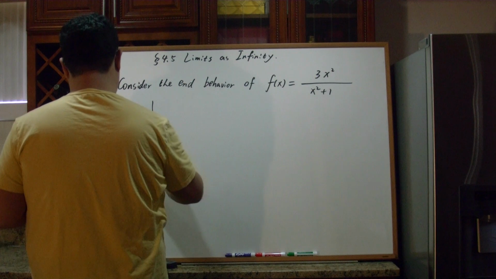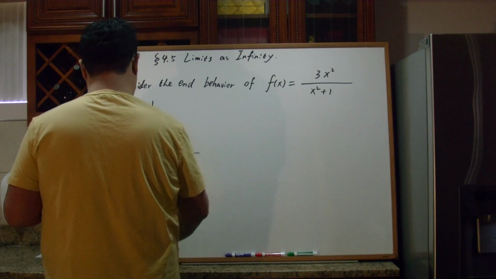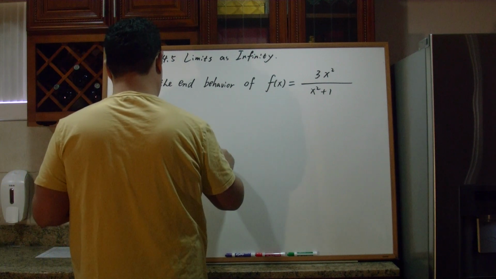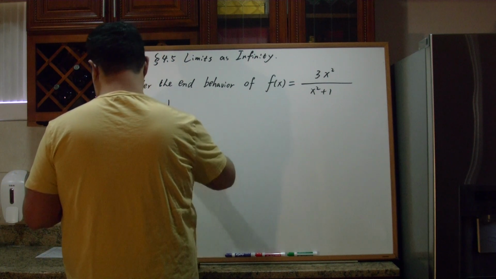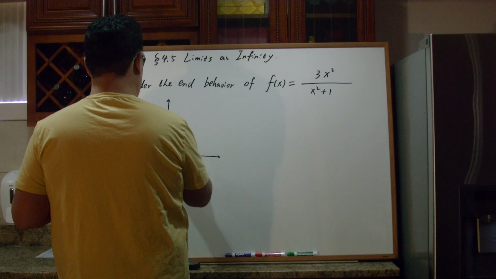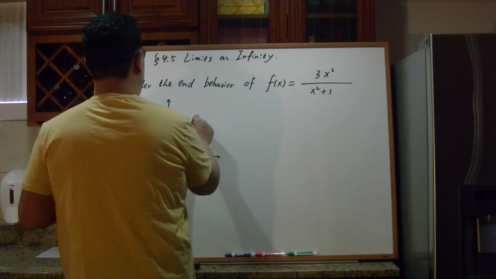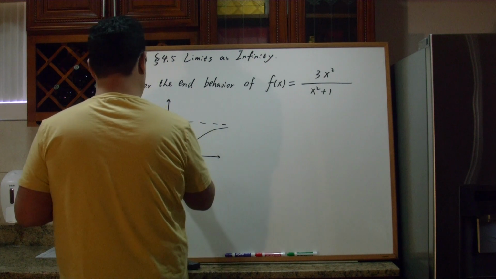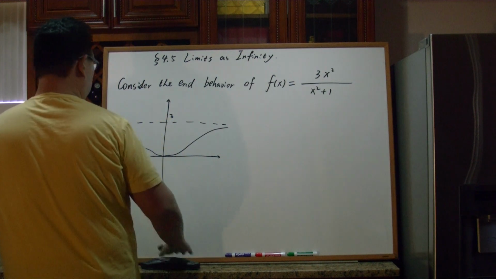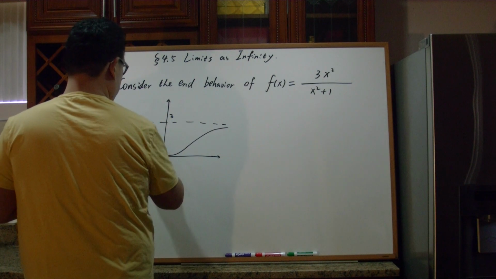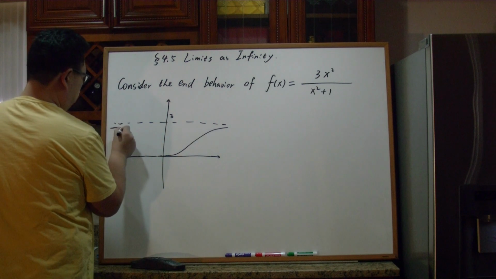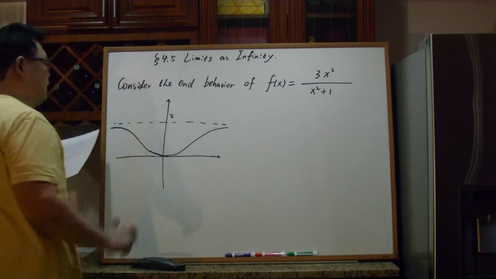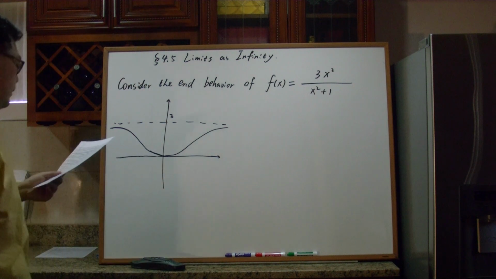We can see that we have a function, we have a curve. It's at 0, but we have the horizontal asymptote at y equals 3. Something like that is the function of 3x squared over x squared plus 1.